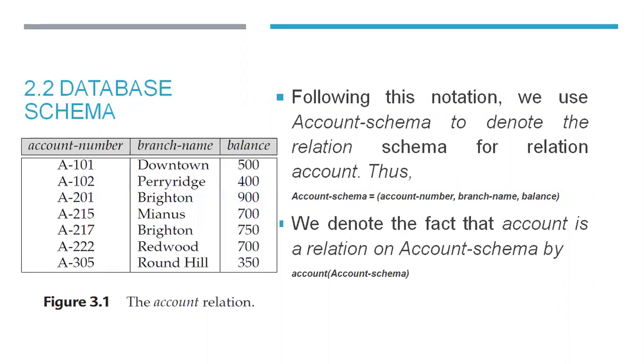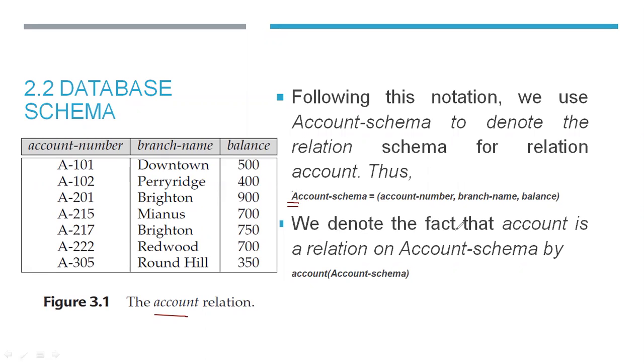It is as simple as that. Just note that whenever we are writing schema, the first letter of the table must be capital. So in this account schema, the A is capital, which indicates it is a schema.